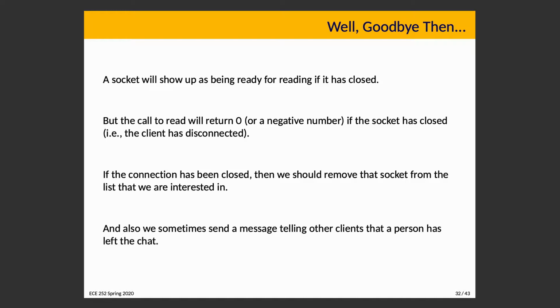And if the connection has been closed, then you remove the socket from the list or the array or the set that you're interested in. And we also sometimes send a message to other clients saying, this person left the chat, Donna has left the chat. Again, it makes it a little less surprising.